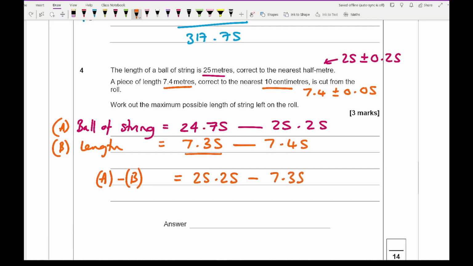And if I take away those two numbers, then I end up with an answer of 17.9. And that's in meters.